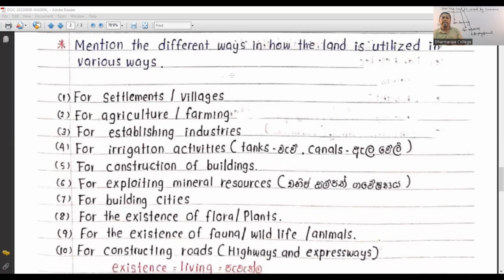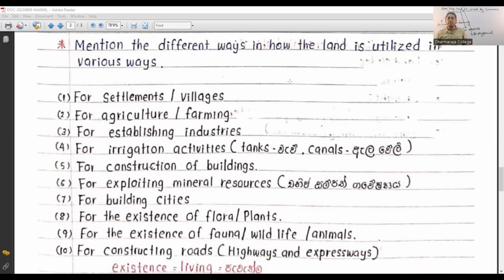For settlements, that means villages. Number 2, for agriculture, that means farming. Next one, for establishing industries. Number 4, for irrigational activities. What is an irrigational activity?